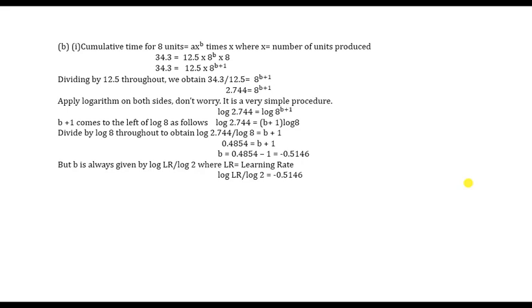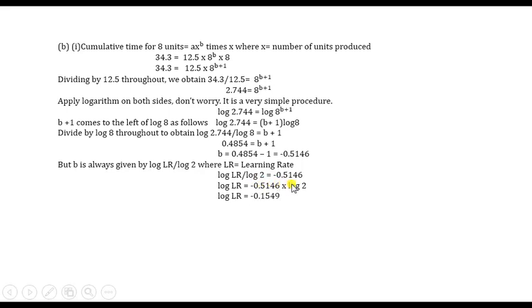Right now we are seeking this learning rate, so we replace b by log LR over log 2, equals negative 0.5146. By cross multiplying, we obtain log LR equals negative 0.5146 times log 2, as we see here.